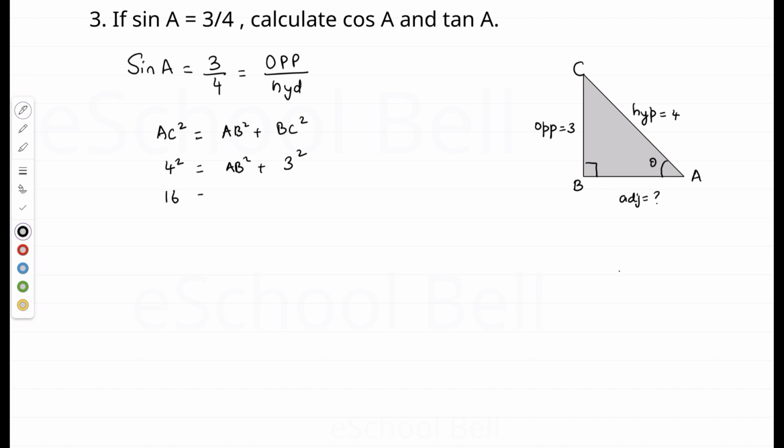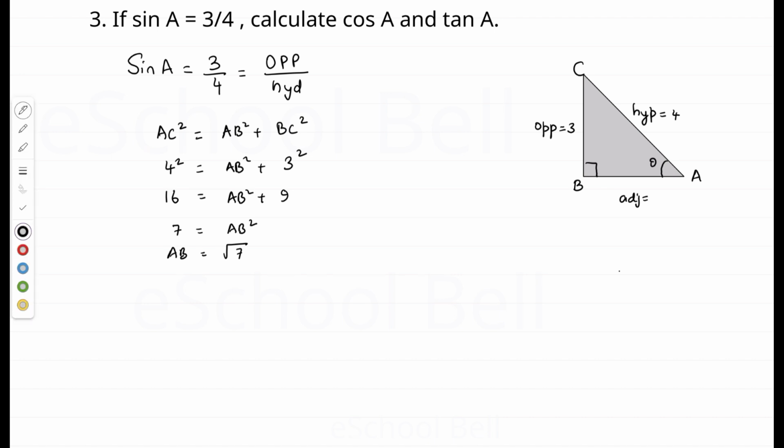So 16 is equal to AB square plus 9. When 9 comes this side, it will become 7. 7 is equal to AB square, or AB will be equal to root 7. So adjacent side is basically root 7.